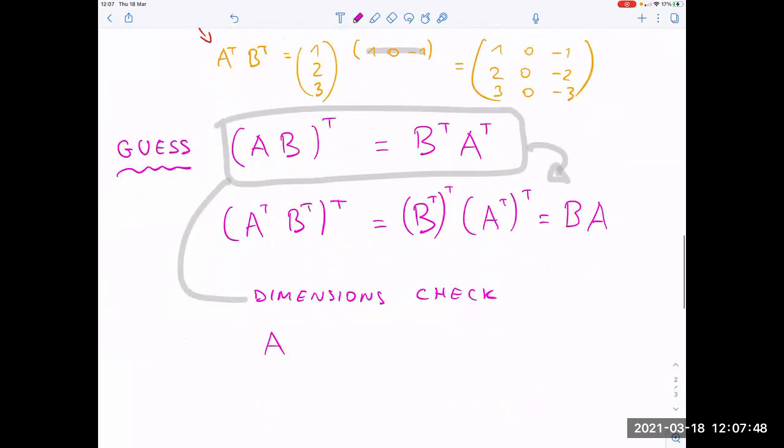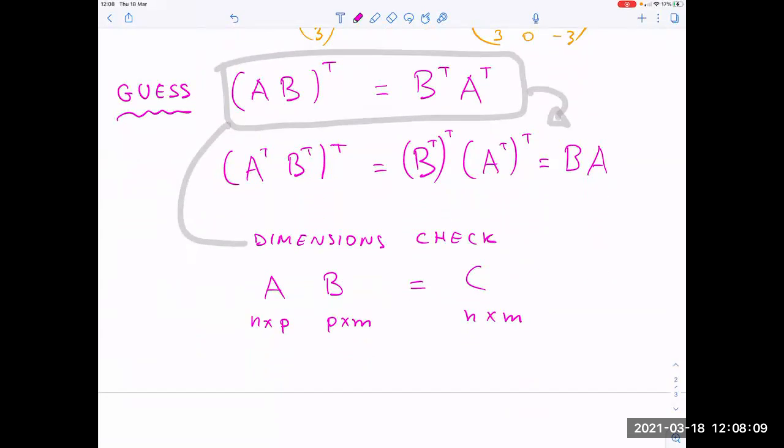If I compute AB, this means my matrix A is something like N times P, and B is P times M. The resulting matrix is going to be N times M. When I compute B transpose, this is going to be an M times P matrix because I exchange rows and columns.